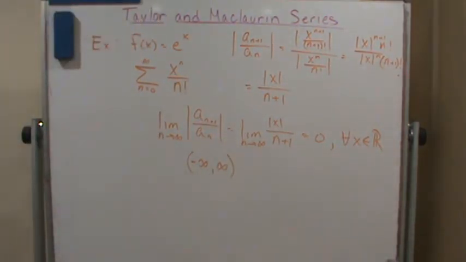Okay. So what does this show? Well, we're not done yet. Now, to show that the series converges to e to the x for all x, we need to use the fact that the nth derivative of f is equal to e to the x for all n greater than or equal to 0.